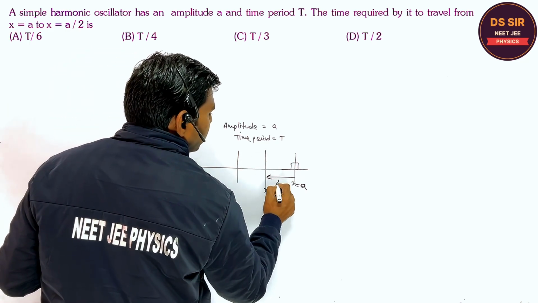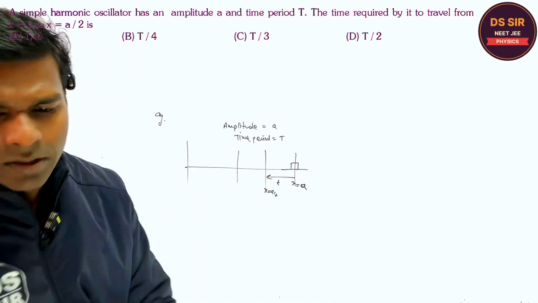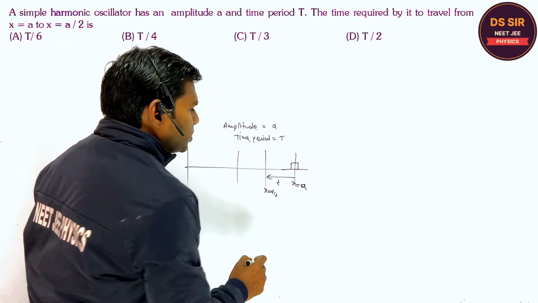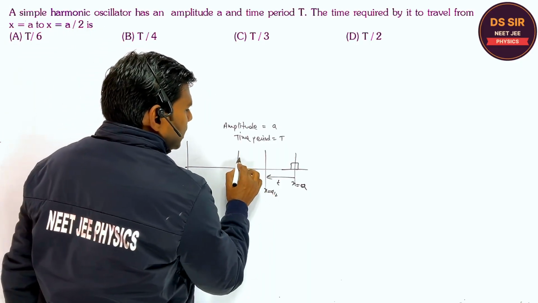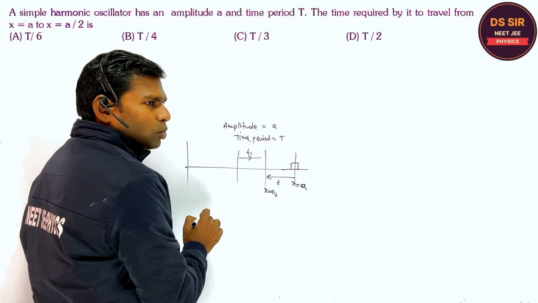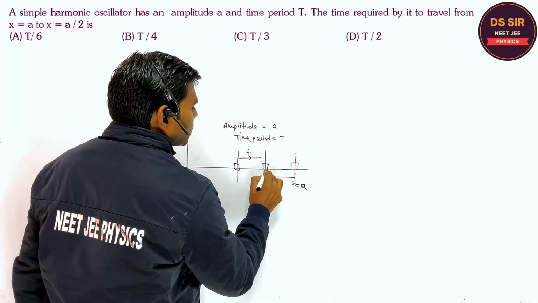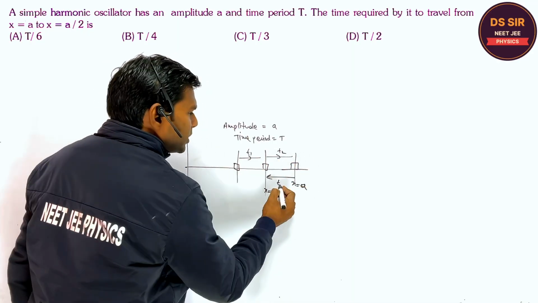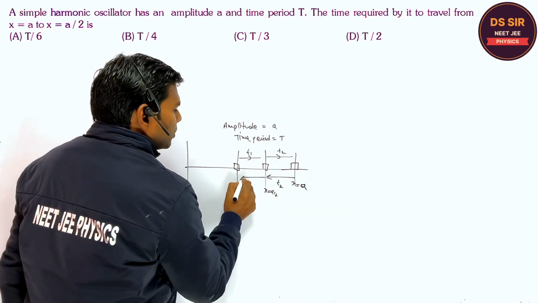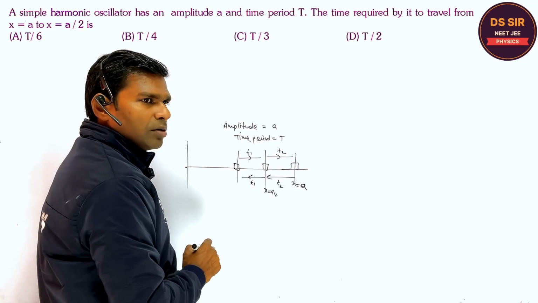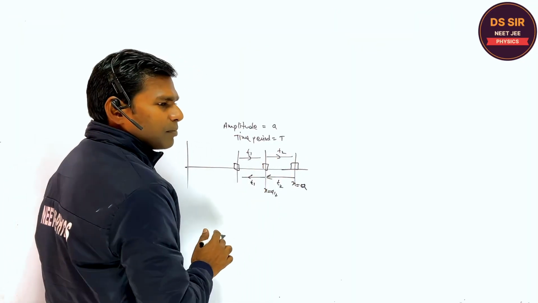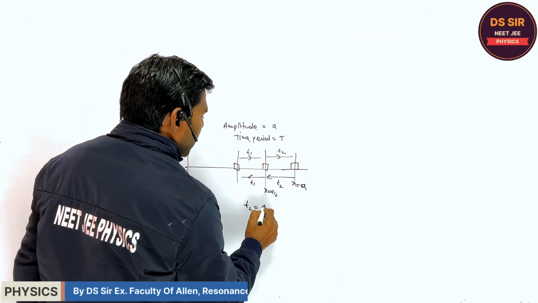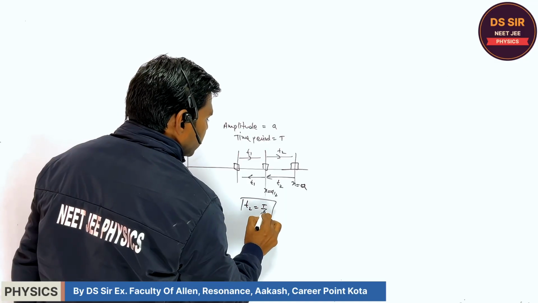So what is this time? Listen one thing. The time it takes in moving away from the mean position is the same time it will take coming back. Do you know this time? Yes, the answer is T by 6.